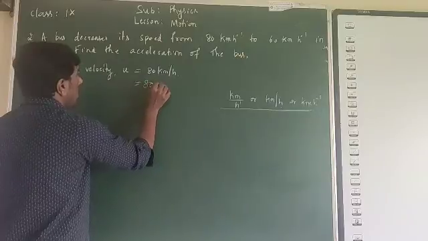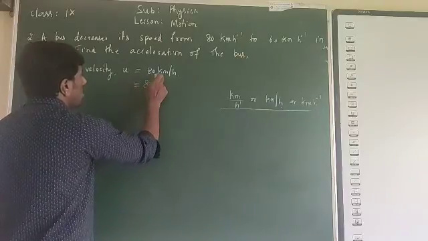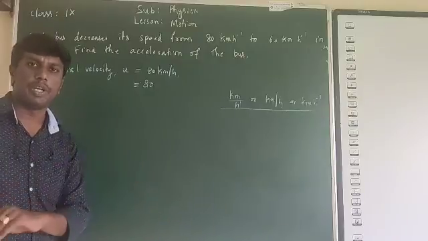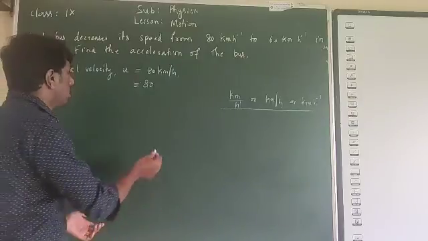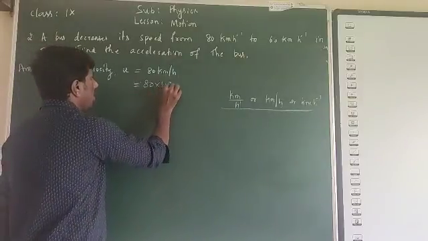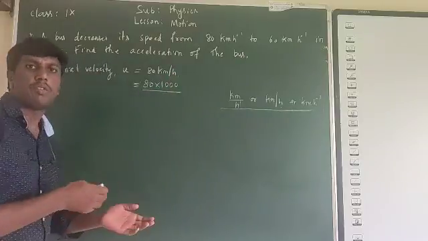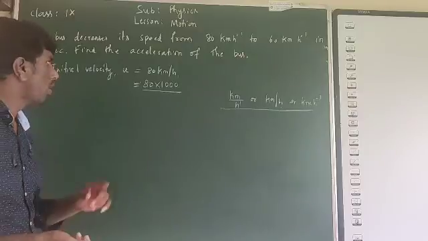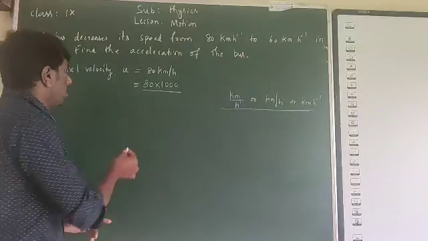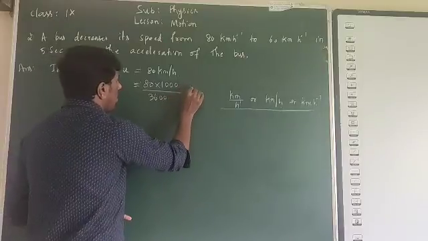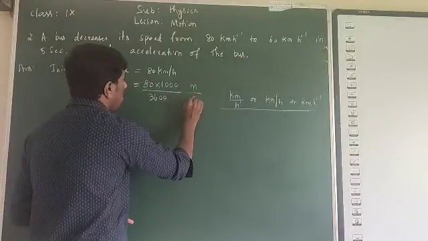So 80, this is kilometer and we are converting it to meter. Kilometer to meter, so I should multiply with 1000, right? In the denominator, per hour, we should convert it to second. So 1 hour is how many seconds? 3600 seconds. Right?